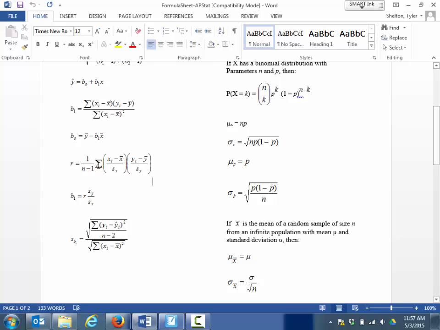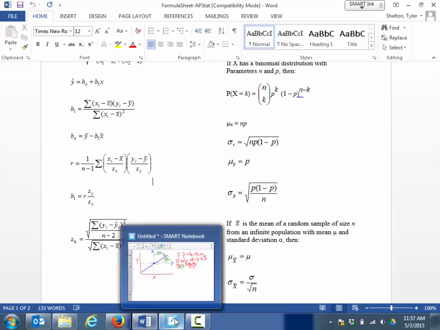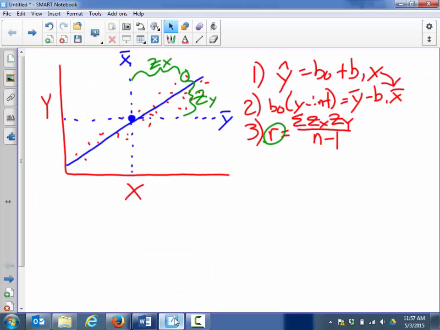So this is a clunky way of them saying the correlation coefficient is the sum, the sigma there, for every data value, of the product of its z-score for x times its z-score for y, divided through by n minus 1. So it is the very same thing that I have taught you about in class, just represented in a clunkier way. Now you may ask, why would they represent it in such a clunky way on the AP exam?